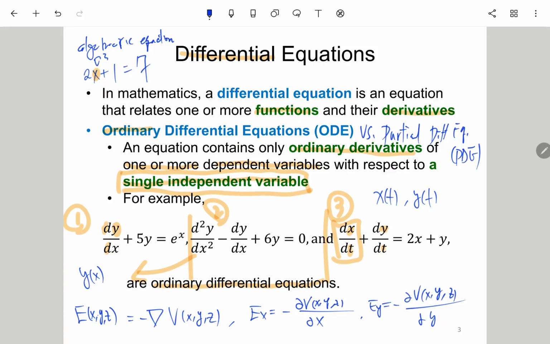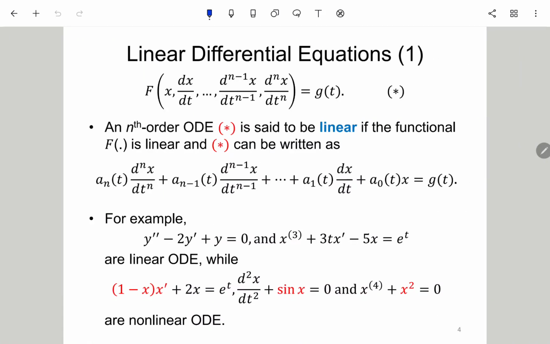The ordinary differential equation in short form is ODE. After knowing what an ODE is, here we try to talk about what a linear differential equation is.